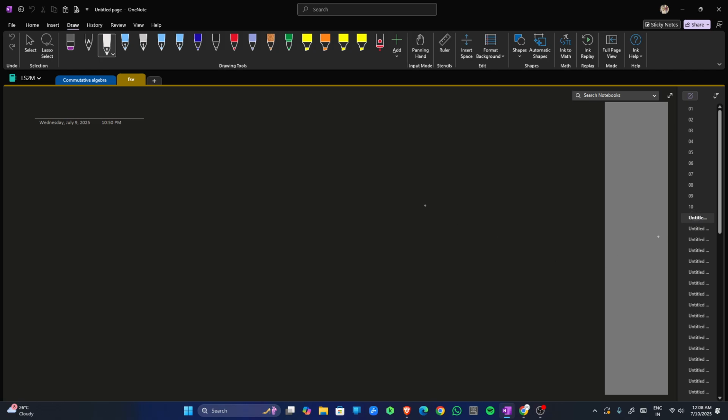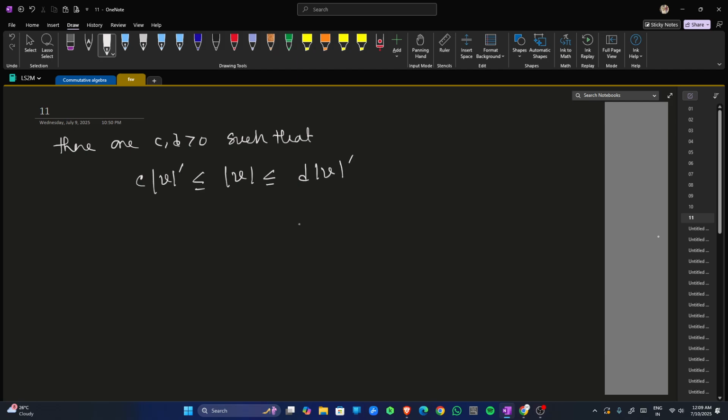That is, there are c, d greater than 0 such that c times the norm v prime is less than or equal to the norm v, which is less than or equal to d times the norm v prime.